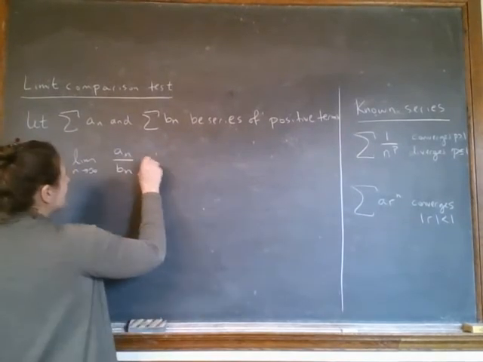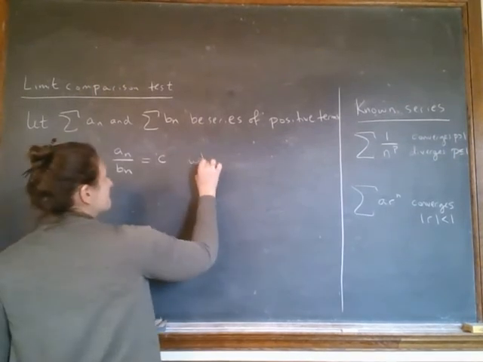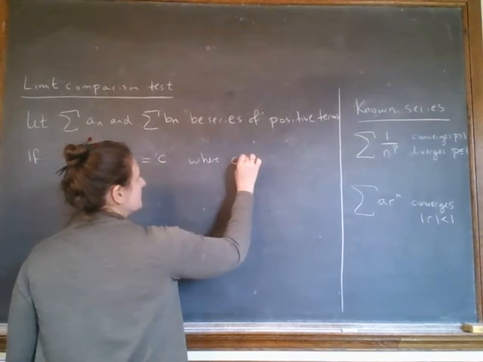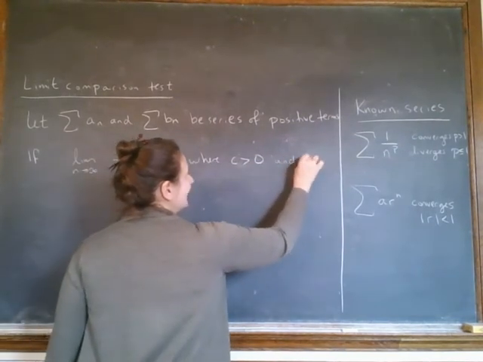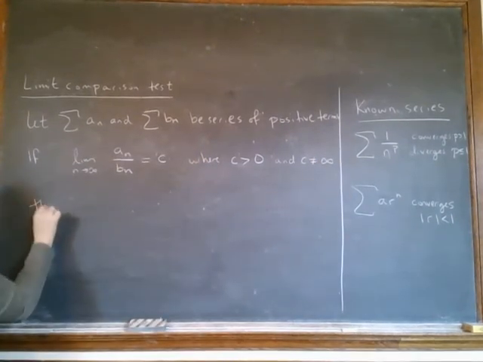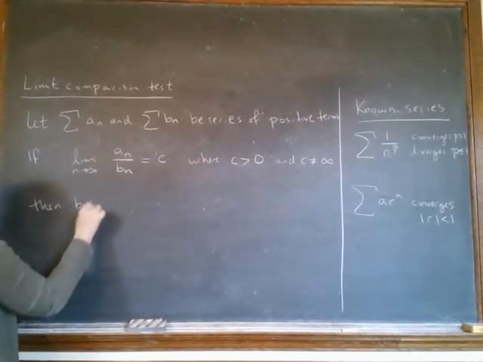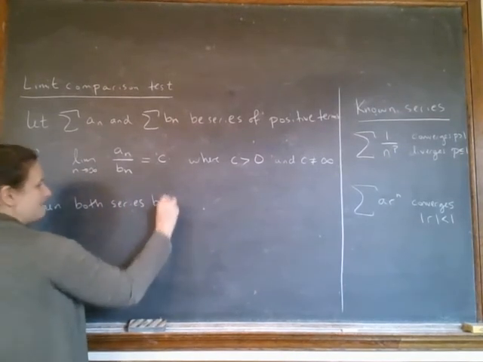And as long as that ratio is a finite number that's not a zero, so c is greater than 0, and c is not infinity, then both series behave the same way.